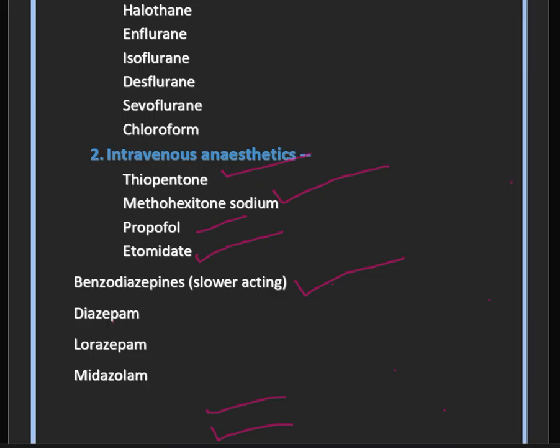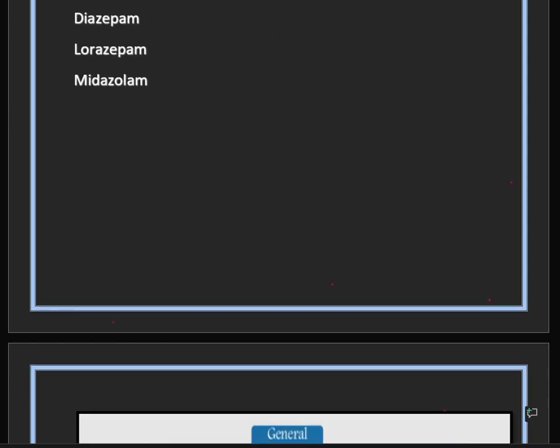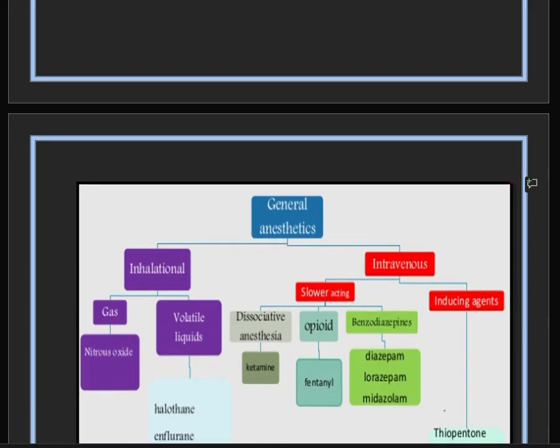Benzodiazepines were already discussed; they are slow acting agents, important ones being diazepam, lorazepam and midazolam. These benzodiazepines are used as general anesthetic drugs through the IV route.